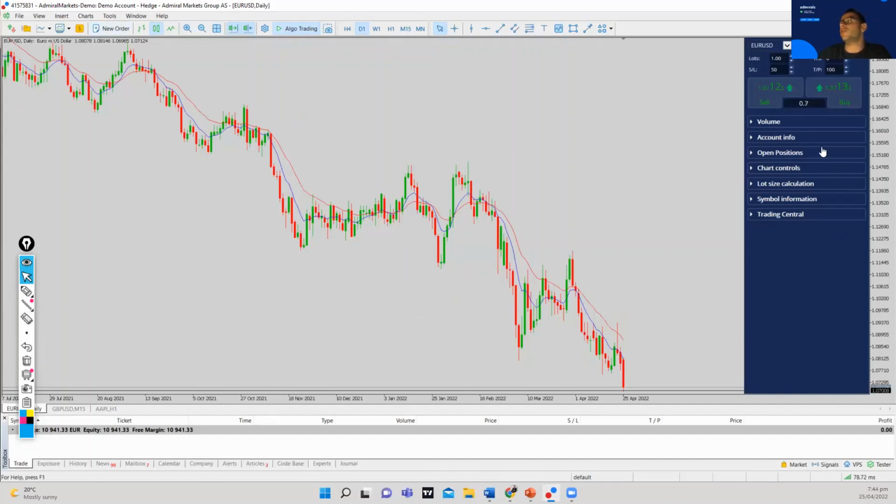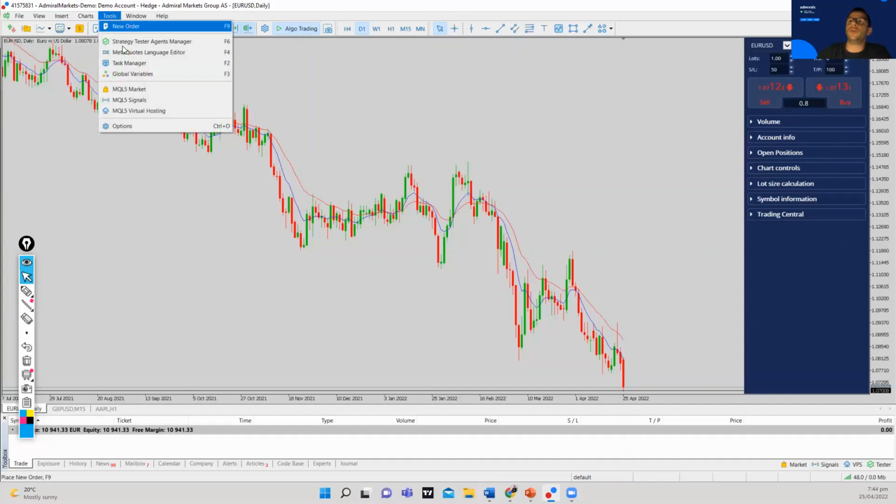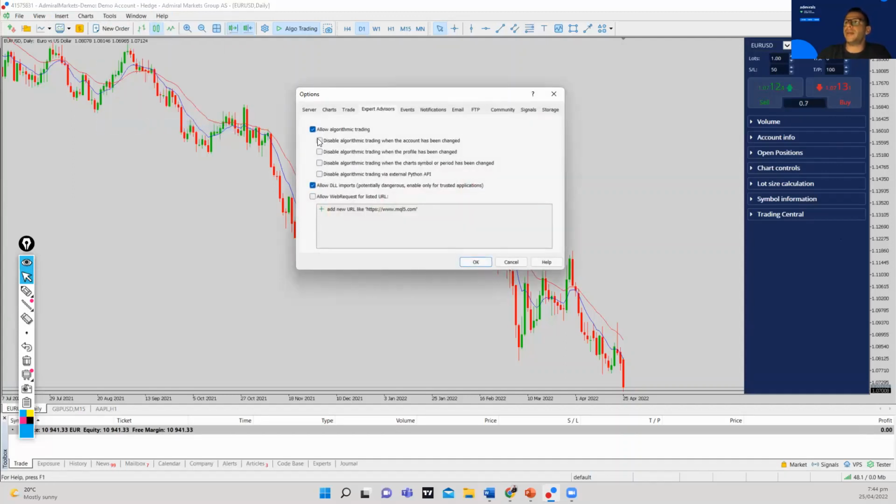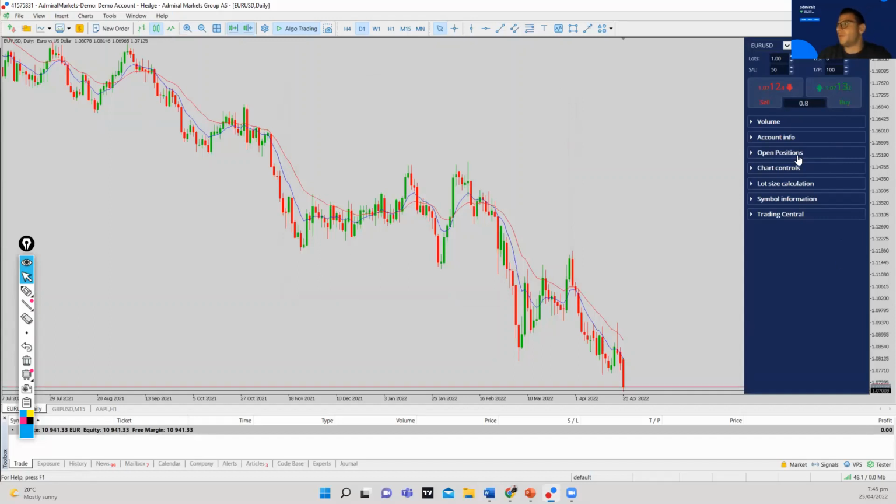In case you find some difficulties with operation, like I found at the beginning, you go to Tools, Options, and most likely these first two boxes will be clicked, and just make sure you unclick them, press OK, and it should work. If after this the execution process still doesn't work, just send us an email or make a live chat, and they will sort it out for you. They will tell you how to sort it out.